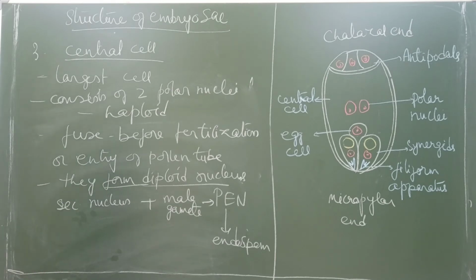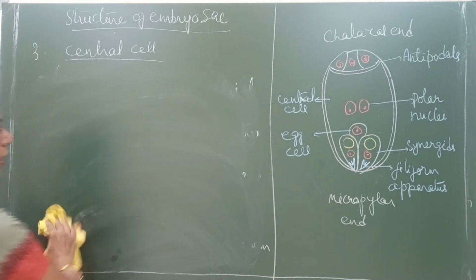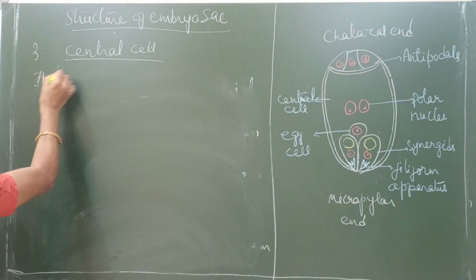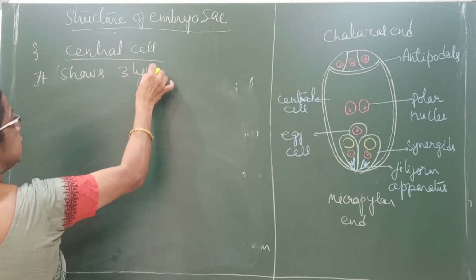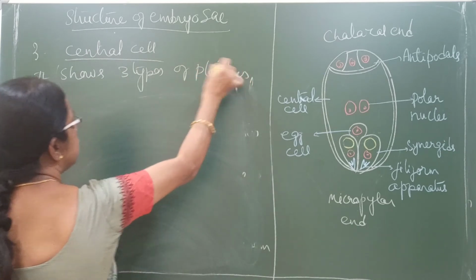In the central cell, we can find 3 types of ploidy. So what are the 3 types of ploidy?